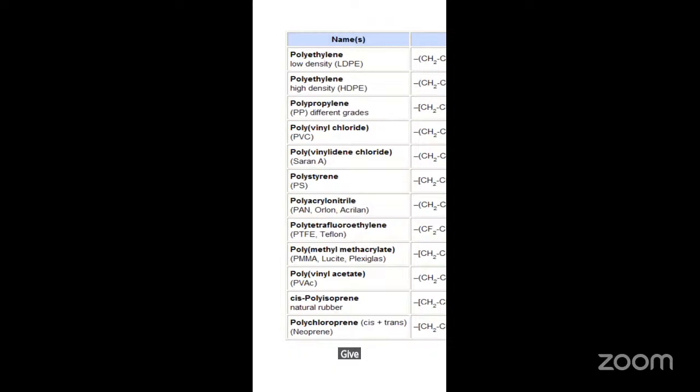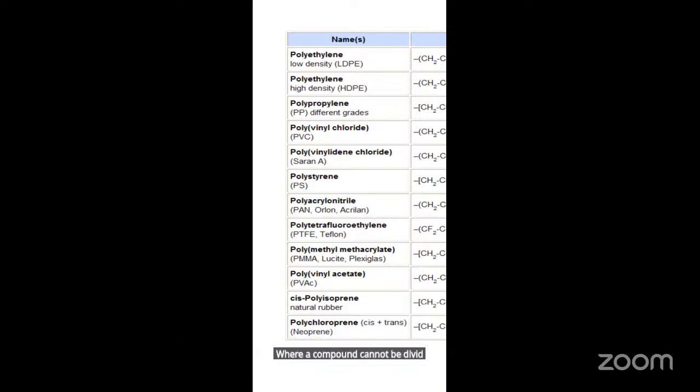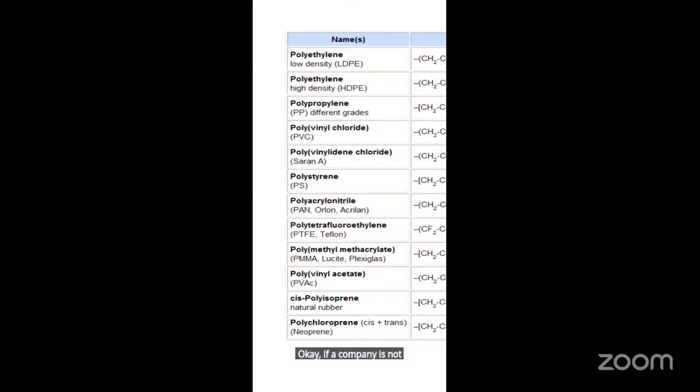A compound can either be symmetrical or asymmetrical. I don't know what you mean by radially symmetrical. When a compound cannot be divided into two equal halves, it's asymmetrical. I'm trying to chip in the biology aspect of it. Please, biology and chemistry are not the same. Don't bring biology here. We don't use radially in chemistry. We use symmetrical or asymmetrical. If a compound is not symmetrical, it's asymmetrical. Okay, noted.